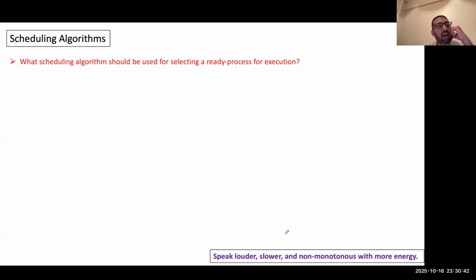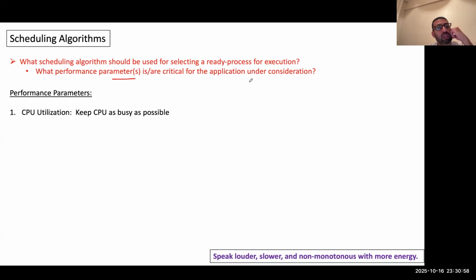But if we have multiple scheduling algorithms available, which one of them should we use? It depends upon what performance parameters are critical for the application under consideration. Let's say you have two scheduling algorithms, A and B. Algorithm A is good at reducing the average waiting time of a process, and algorithm B is good at reducing the average response time of the processes.